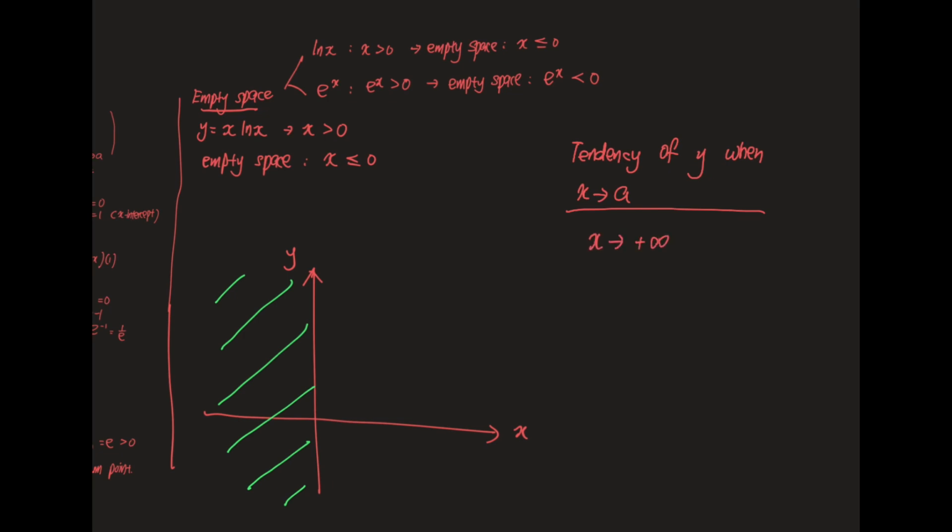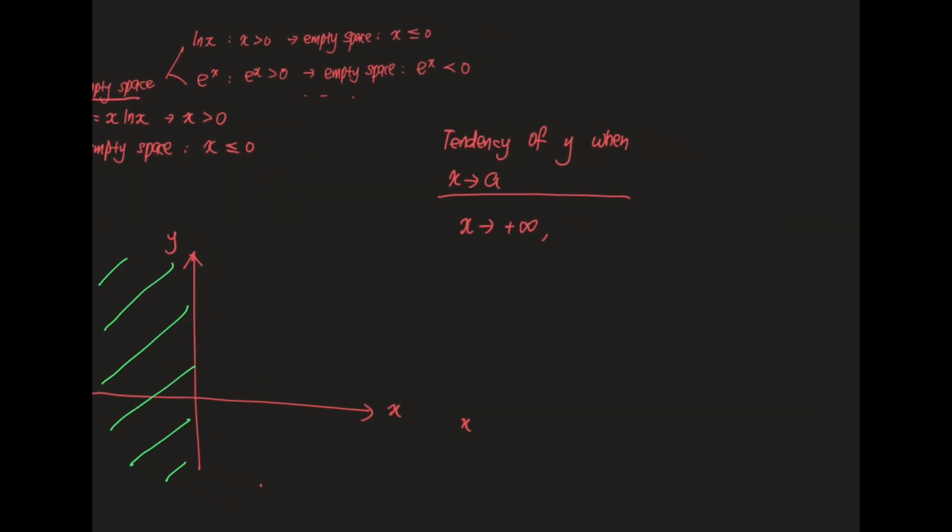Why do we consider positive infinity? Because our graph goes all the way to the right. So we want to see what happens to the y. What we can do here is just try with a calculator. For example, you key in x ln x, then you substitute with big values like 1000.